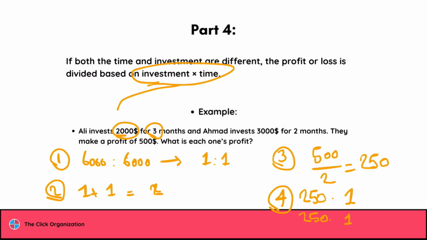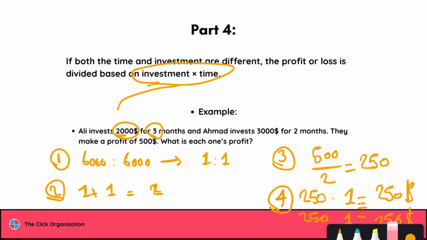This is definitely not necessary, but let's just do it. So 250 times 1, 250, 250 times 1, $250 each. So the profits, it's better to say, of Ali and Ahmad are $250 for each and every one of them.